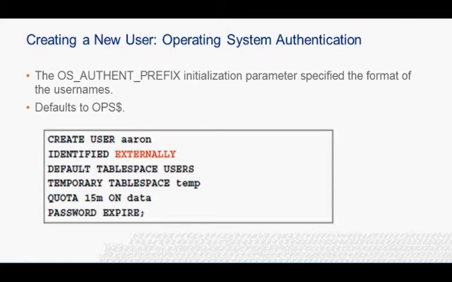This value defaults to OPS$, to make it backward compatible with earlier releases of the Oracle server. To set the prefix to a null value, specify this initialization parameter as OS_AUTHENT_PREFIX equal to null. The example in the slide shows how a user Aaron is defined in the database.